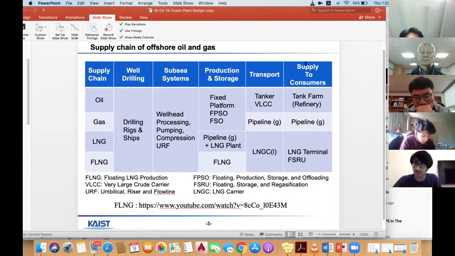The supply to the consumers is done using these methods. Oil is stored in a tank farm where it is refined, and gas is simply sent through the pipeline to the consumers in our houses, as we see in our daily lives. And at the LNG terminal, there is the FSRU, which stands for floating storage and regasification unit.